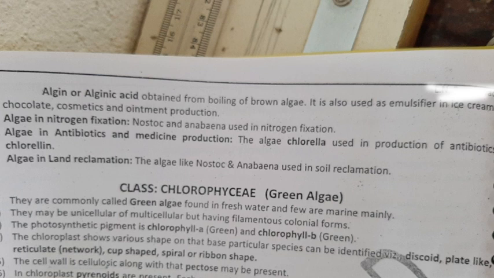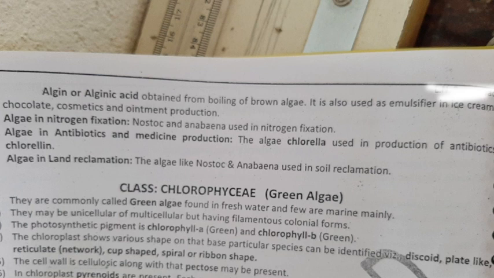Those are very important. Just remember the names of algae and their uses. The most important are the medicinal algae and the industrial algae. Chlorella is used as an antibiotic.